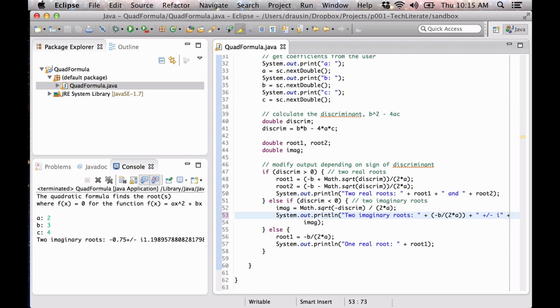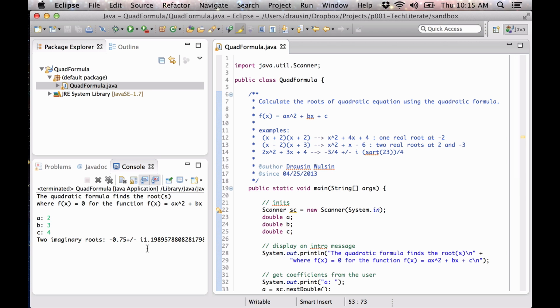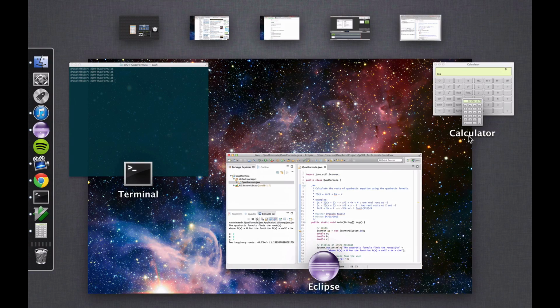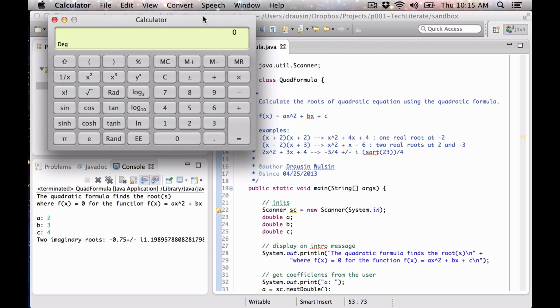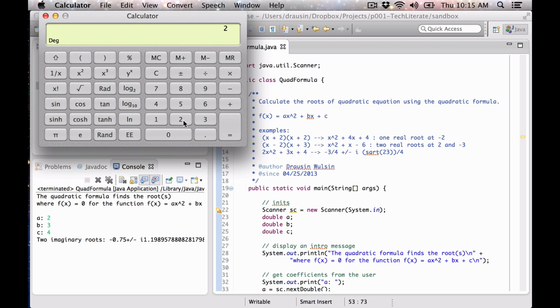I'm just going to add a space down there. And let's see if this, 1.19, etc., looks reasonable. So we're going to do 23 square root is that. And then if we divide that by 4, we get that. Okay, so that looks good.